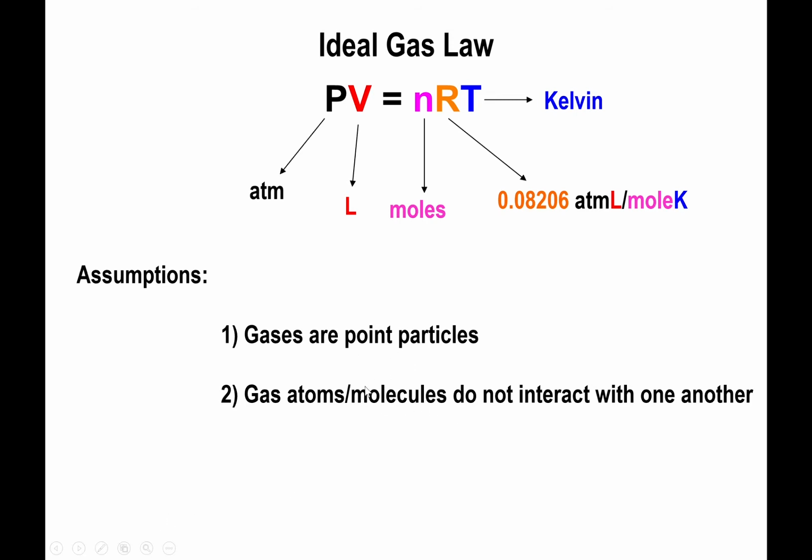You may also recall from your discussion of intermolecular forces in previous chemistry courses that molecules can interact with one another, and that's what keeps them together in a bulk sample. If these interactions are attractive enough, as intermolecular forces tend to be, they will keep the molecules from expanding as far away from each other as they possibly can. The actual volumes will be a little bit less than what you would expect ideally.